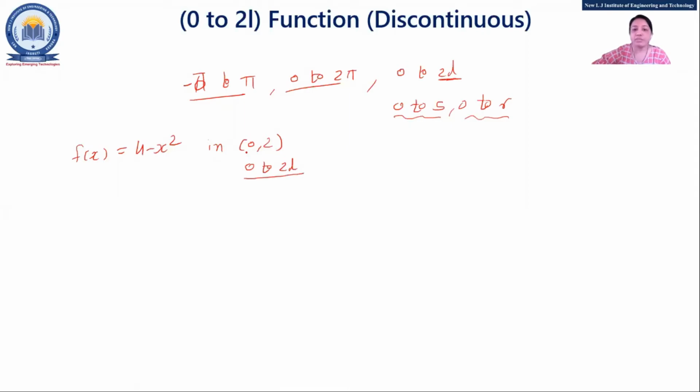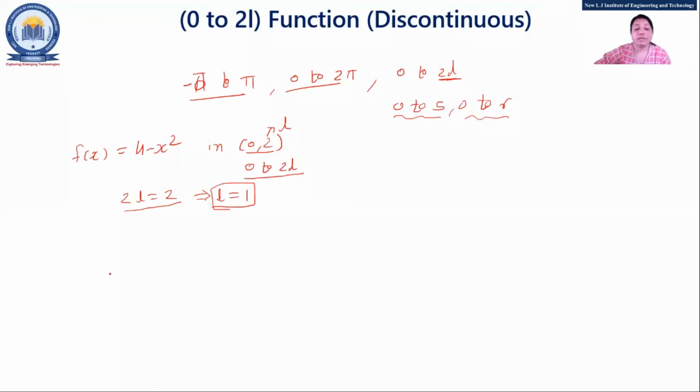When you have both terms as integers, you compare with 0 to 2L. That means your 2L equals 2. The main mistake you make is directly taking this 2 as L, but it is not like that. You have to consider 2L equal to 2, so your L became 1. So the first step is to find the value of L.